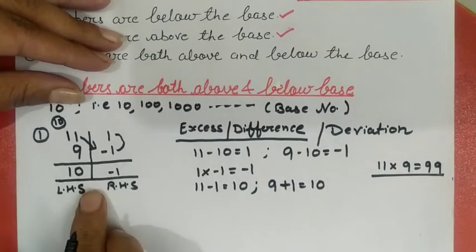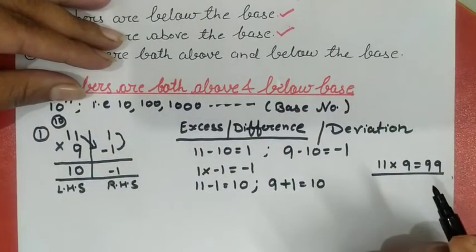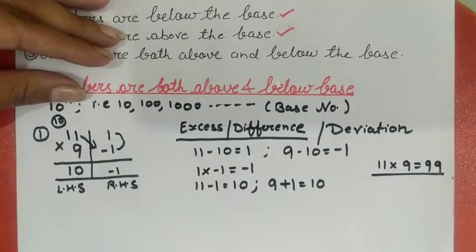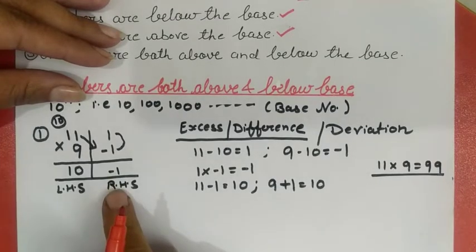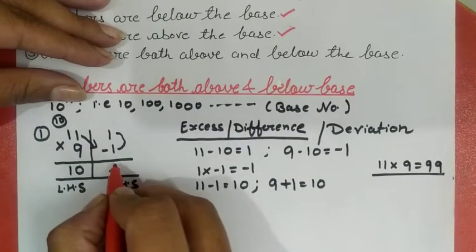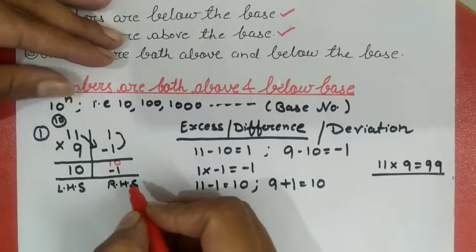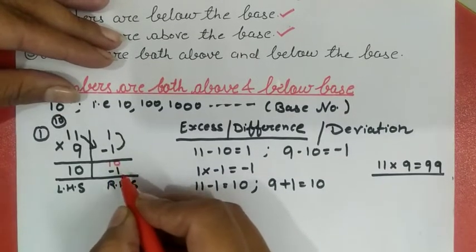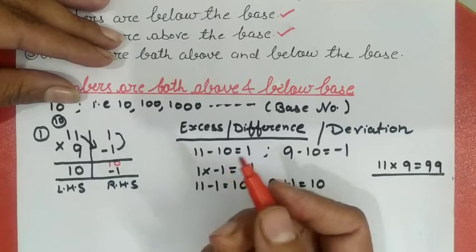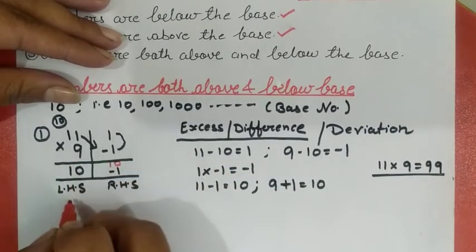Also, getting a negative sign in the middle of a multiplication answer is not possible. So our next task is to remove this minus sign. What will we have to do to remove this minus sign? We will subtract our base number from this 1. But what is the base? 10. Subtract the base from the right hand side answer and subtract 1 from your left hand side answer.